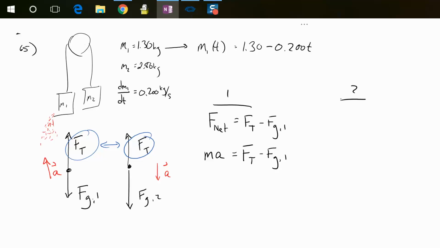And then for the second mass, I'm going to make down positive. Now, you can multiply an expression by -1, and that's effectively the difference between making down positive or up positive.